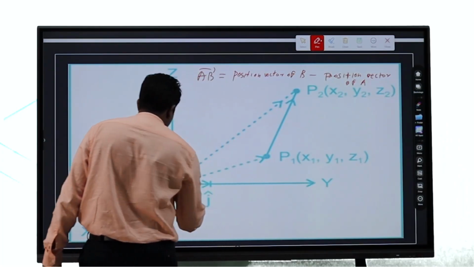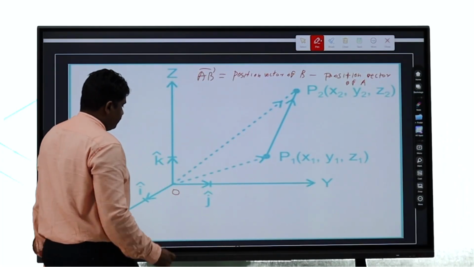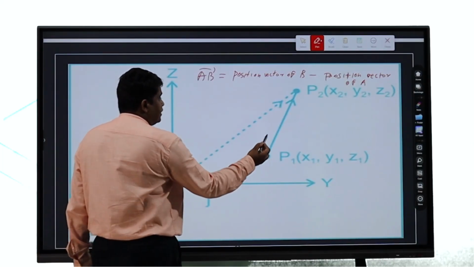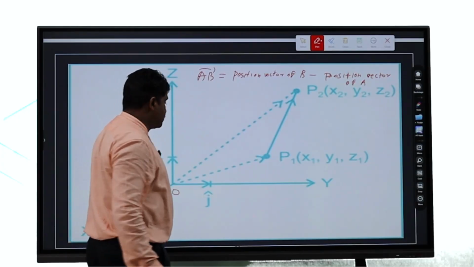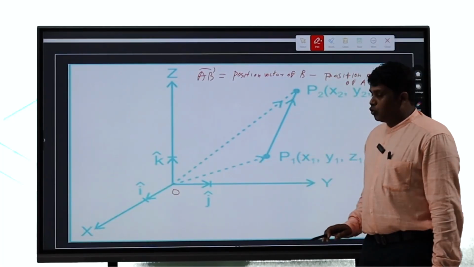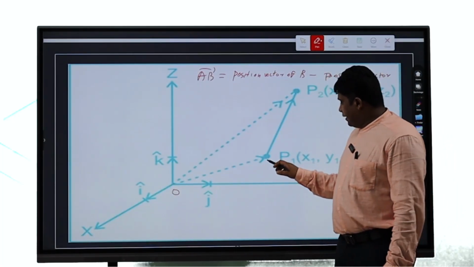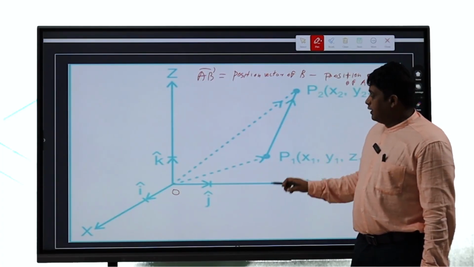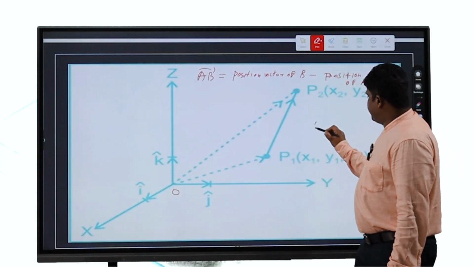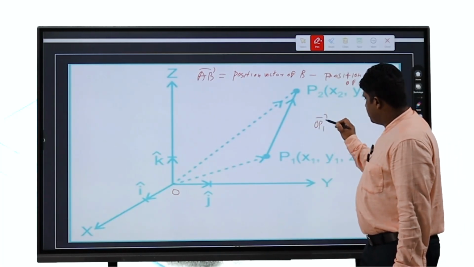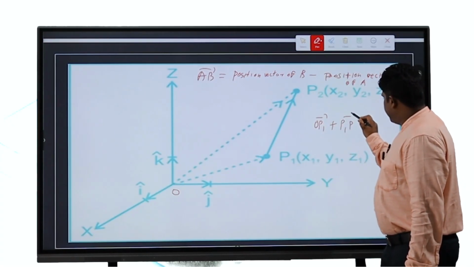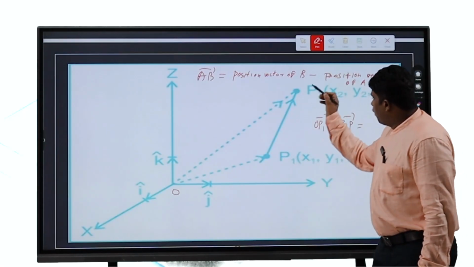Here it is O. Then we have the triangle of vector addition. A person moves from O to P1, then P1 to P2. The actual displacement is from O to P2. Then we can write OP1 plus P1P2 is equal to vector OP2.